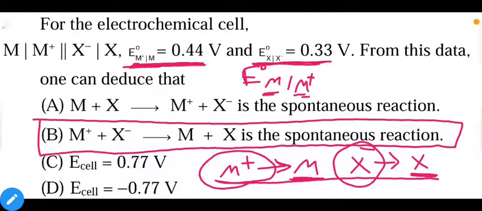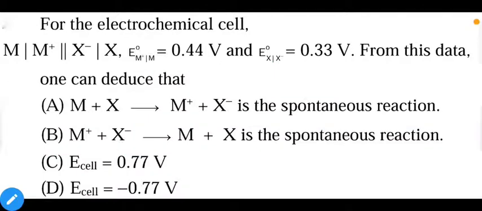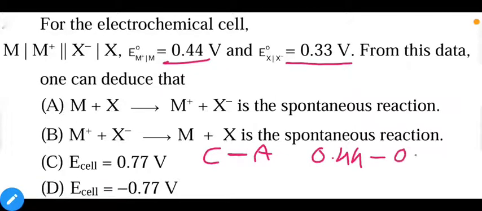Now what about the cell potential? Let us try to find it as well. As we know, the cell potential is the reduction potential of the cathode minus the reduction potential of the anode. The reduction potential of the cathode is 0.44 and for the anode it is 0.33.